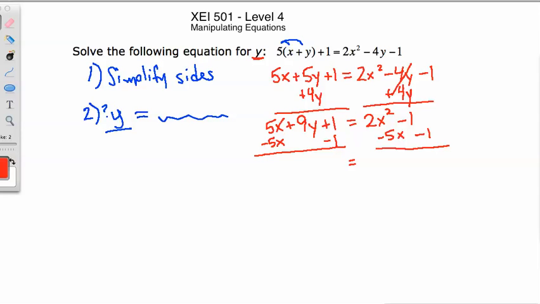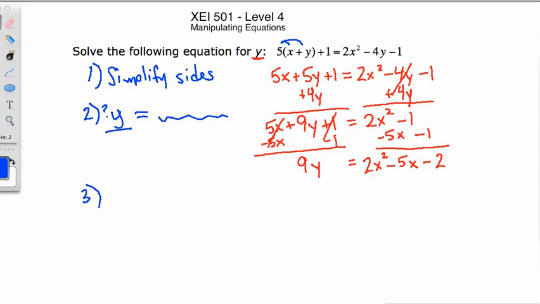So now we just have 9y on the left side, and we're going to combine what we can on the right. So we're going to have 2x squared. You cannot combine an x squared and an x, that's why I'm not combining those. Minus 5x, and then negative 1 minus 1 is minus 2. Okay?